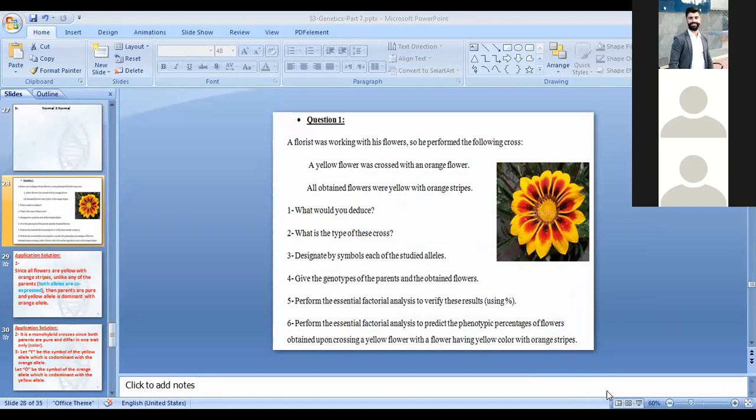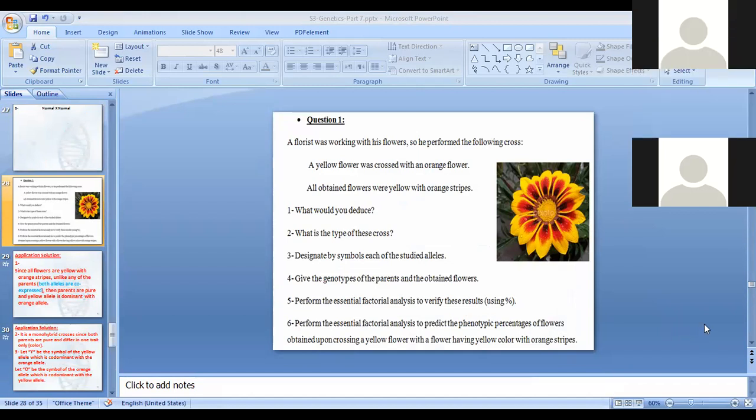So what is the symbol of the parents having yellow color? Yes, Fadil, Basma. What is the genotype of the parents having the yellow color?